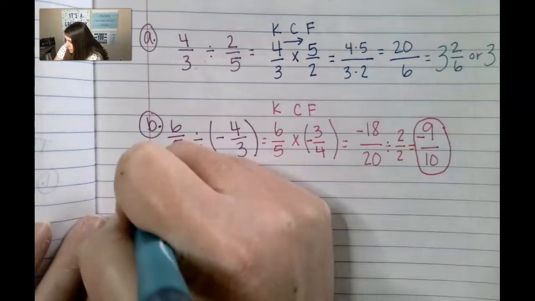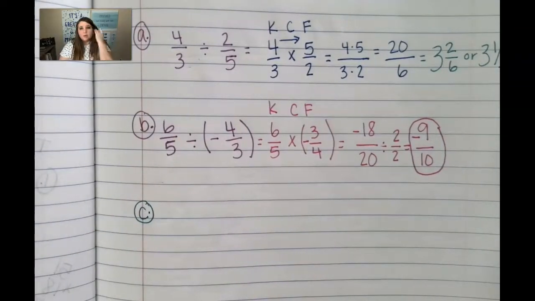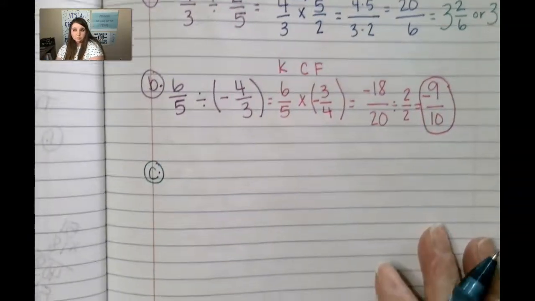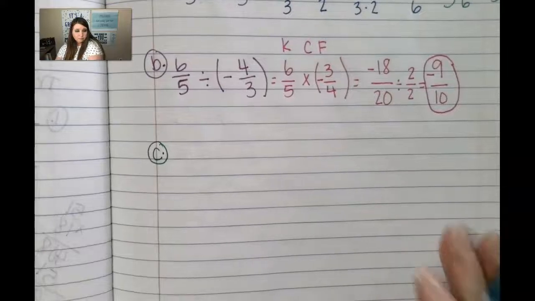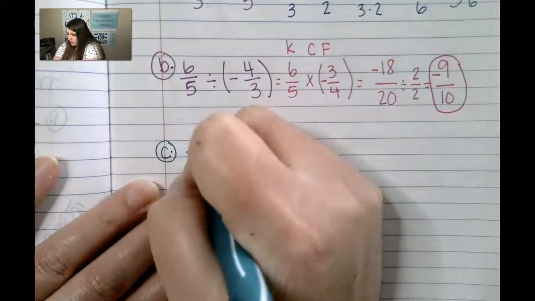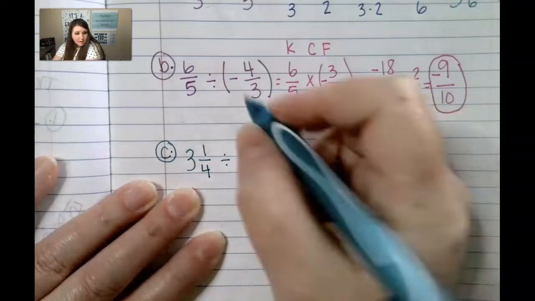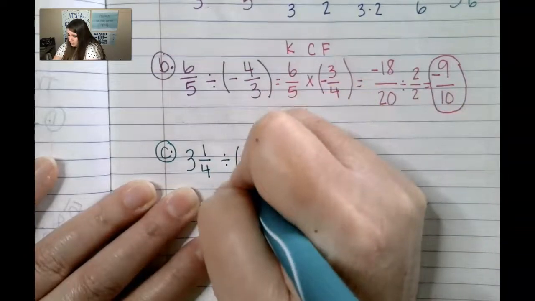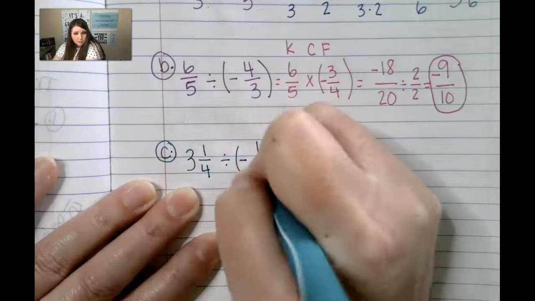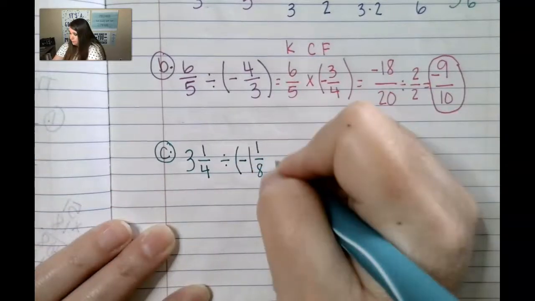This time I want to give you one that happens to have some mixed numbers, so you can see that we have to convert them to improper fractions first. So in this problem, we have 3 1/4, and we're dividing that by -1 1/8.